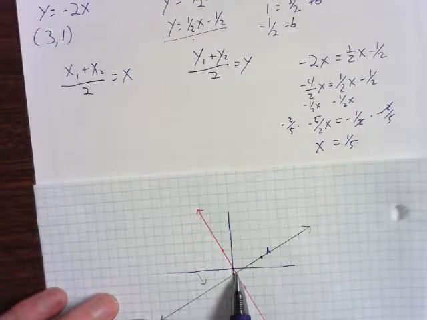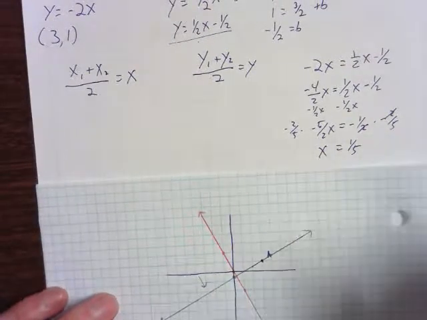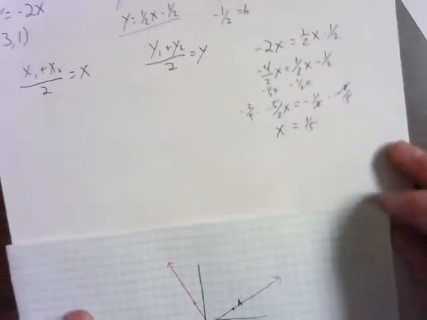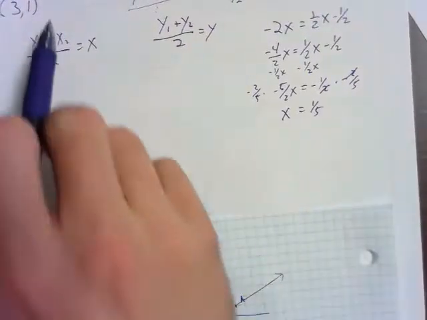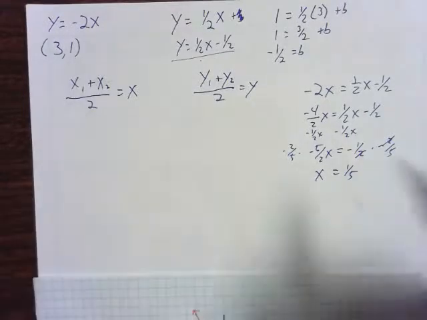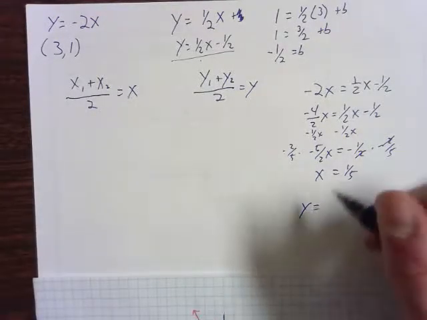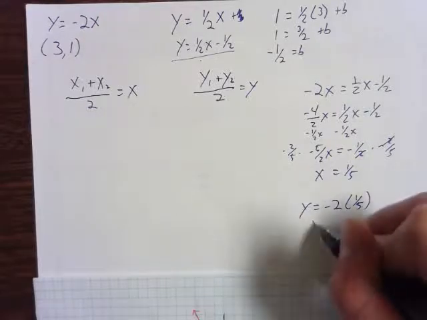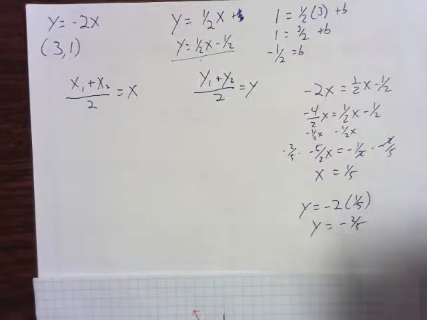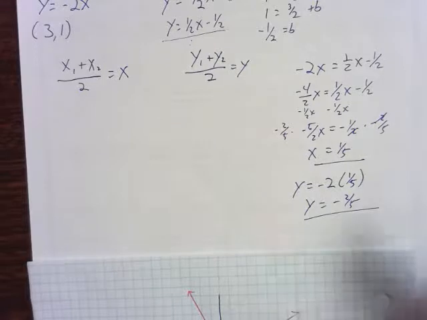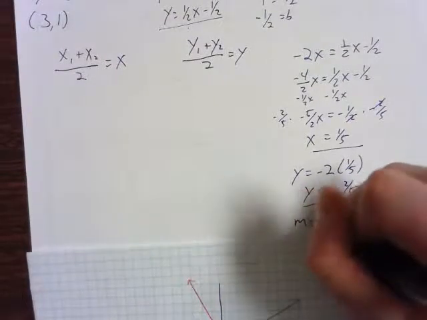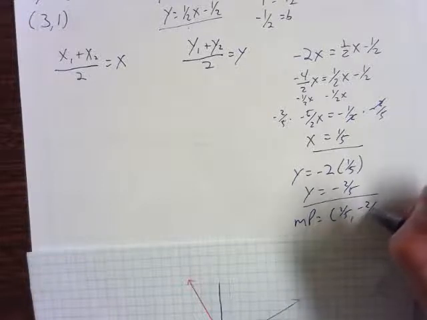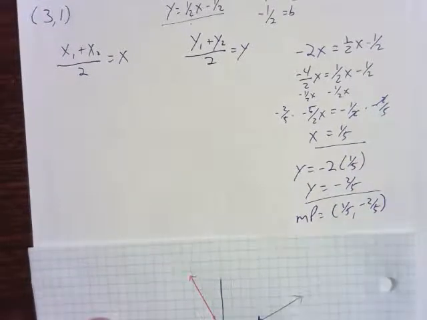Okay, so my x value where they cross is 1/5, and I can plug this 1/5 back into my equation. The easiest one will probably be my negative 2x, so I can say y equals negative 2 times 1/5, so y equals negative 2/5. Okay, so based off of that, my midpoint equals 1/5 and negative 2/5.